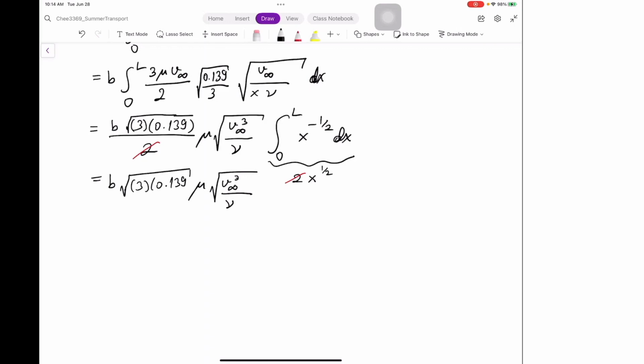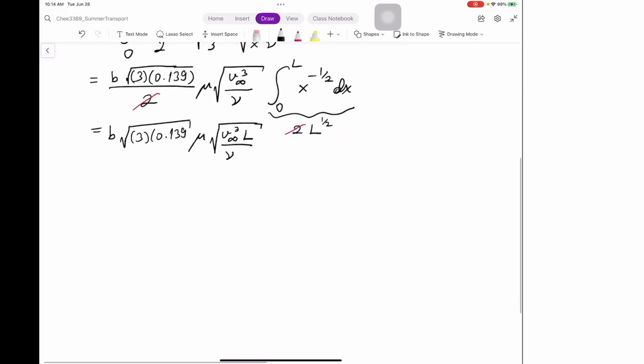And this one is basically, if you plug in L here, you get L to the power 1 over 2, and if you plug in 0, you get 0. So that's this term minus 0. And you can take it inside the square root because it's already within the square root, right? So that's it.